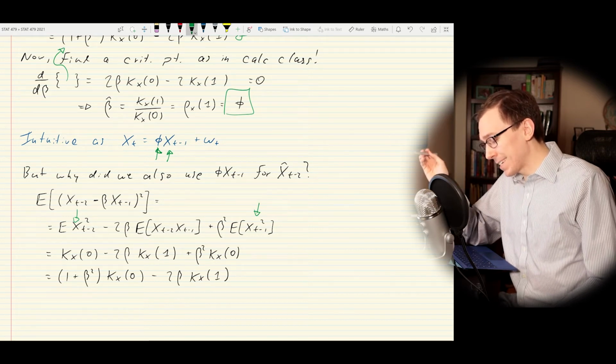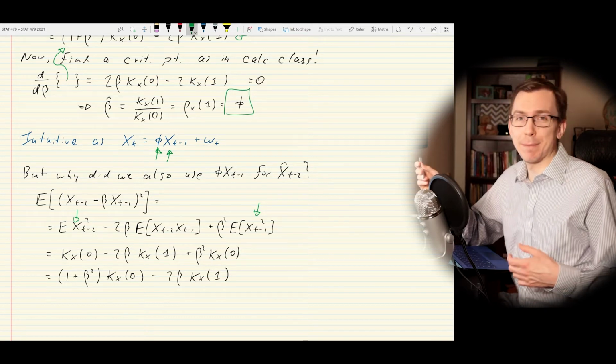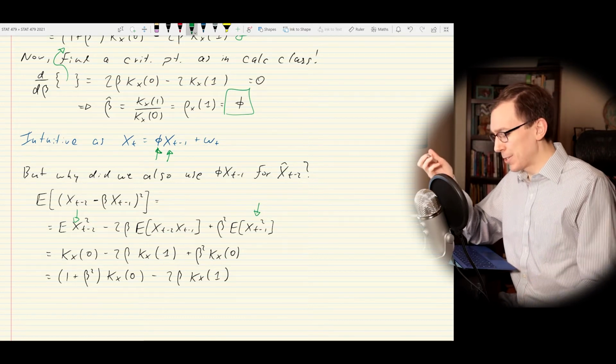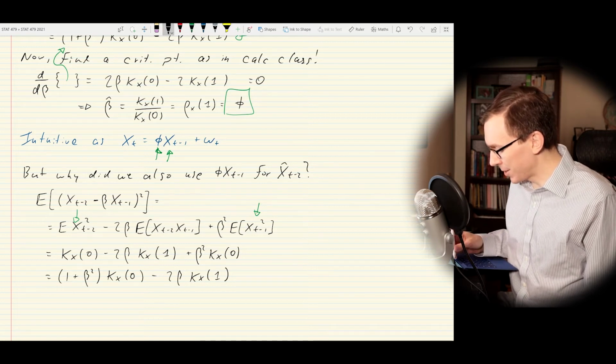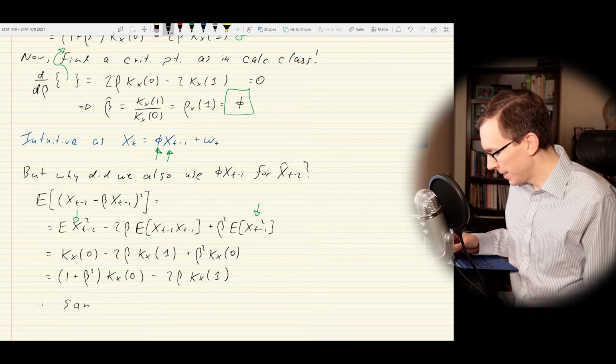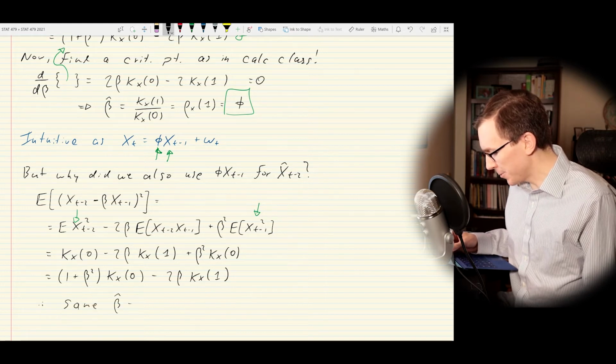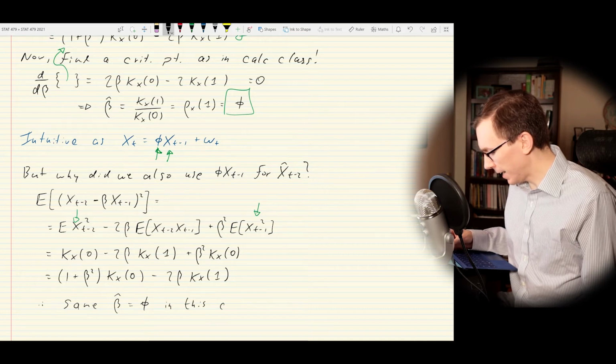So we either get 1 plus beta squared or beta squared plus 1, but ultimately it's the same thing. So by symmetry, we get the same solution, beta hat equal to phi in this case.